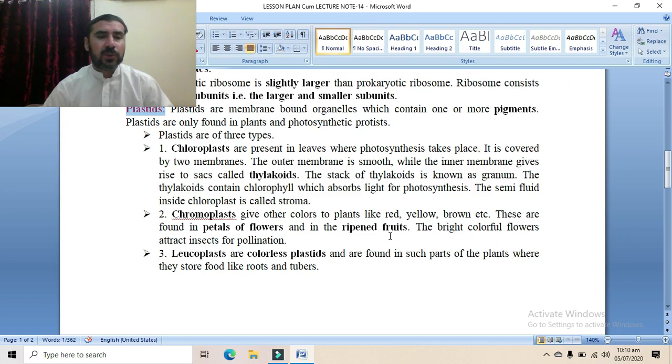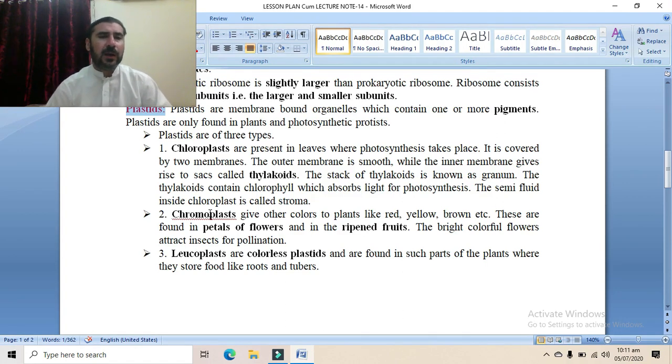That is due to the presence of other pigments and the organelles called chromoplasts. Similarly, there are red, brown, yellow and purple flowers. These are all due to chromoplasts.